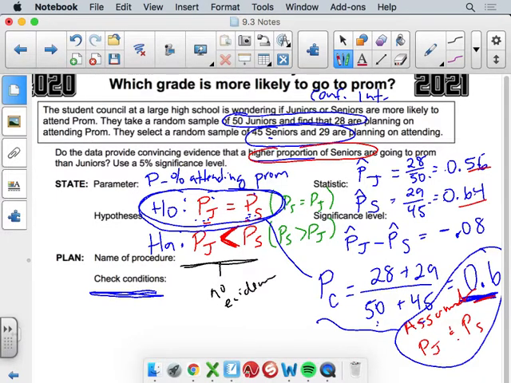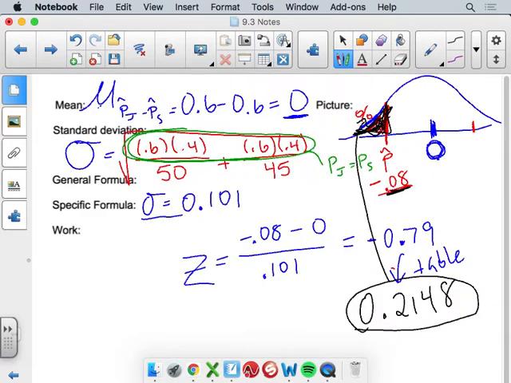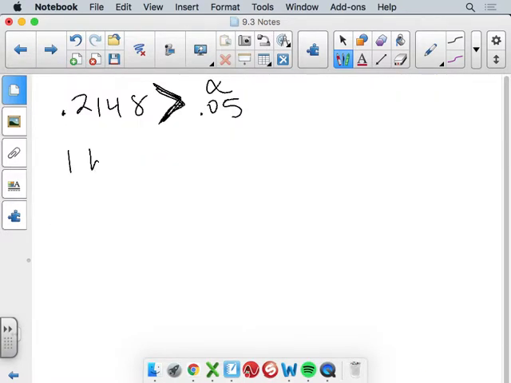So that's what I'm going to say. I have no evidence, so I have no convincing evidence. You say convincing because this means statistical.